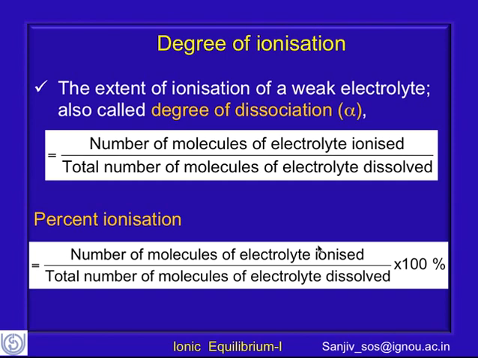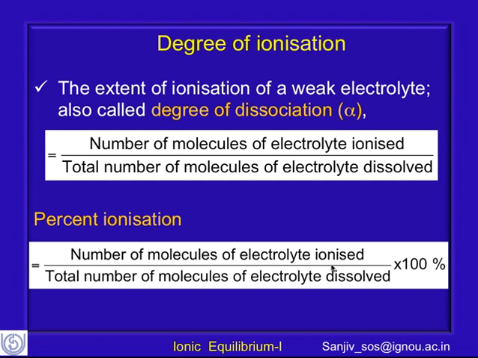That means the extent of ionization is 1.3%. So the degree of ionization is essentially a measure of to what extent the electrolyte ionizes. Typically we use dissociation and ionization interchangeably, but we should refrain from using dissociation in this context, because it is more of an ionization. So the degree of ionization is the extent of ionization of a weak electrolyte.